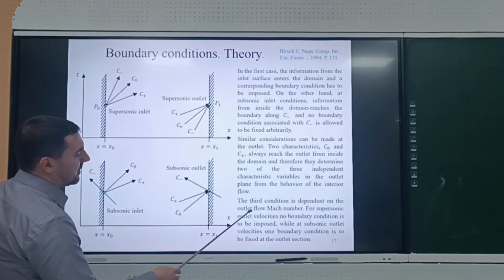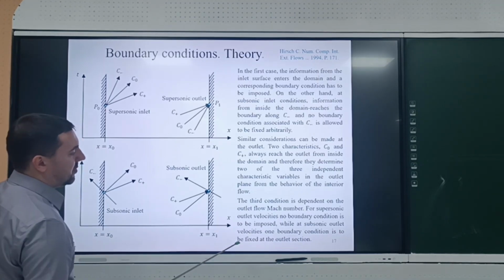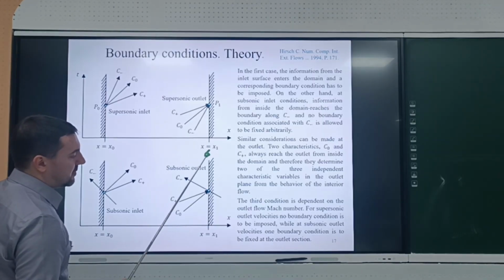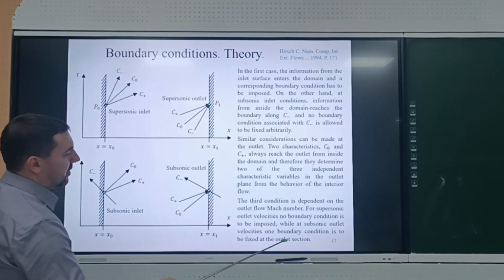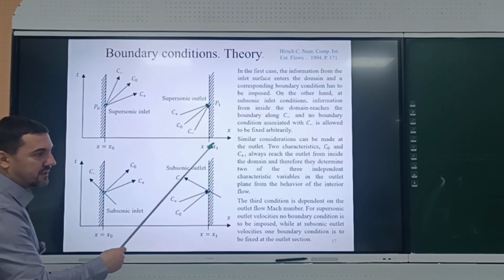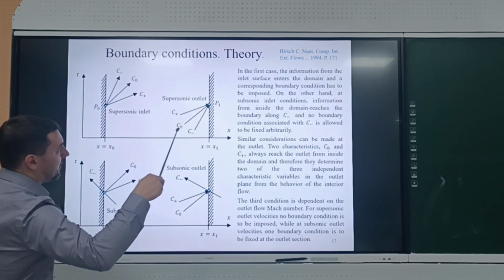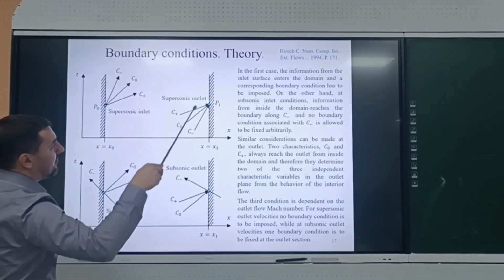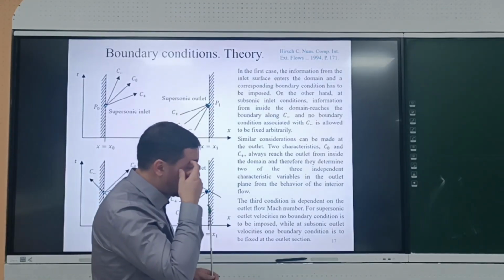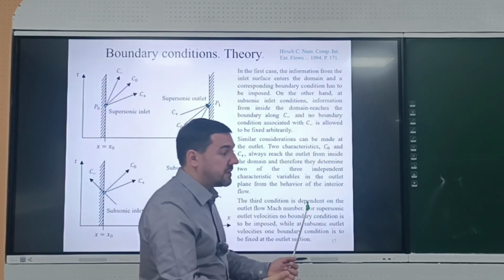For supersonic outlet velocity, no boundary condition is to be imposed, while at subsonic outlet velocity, one boundary condition is to be fixed at the outlet section. Because for supersonic outlet, the slope of the third characteristic is also positive, and it means that all characteristics come to the right boundary from the interior of our domain. So for supersonic outlet, you do not need to impose any boundary condition.